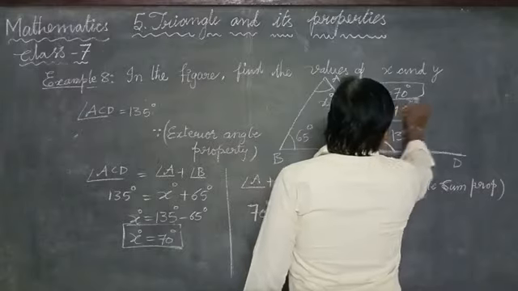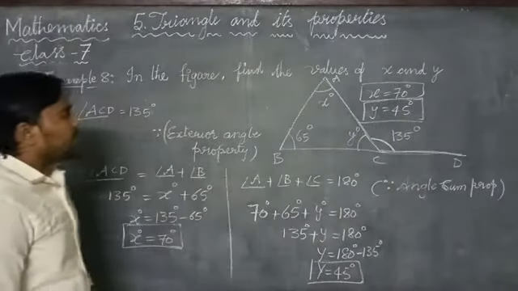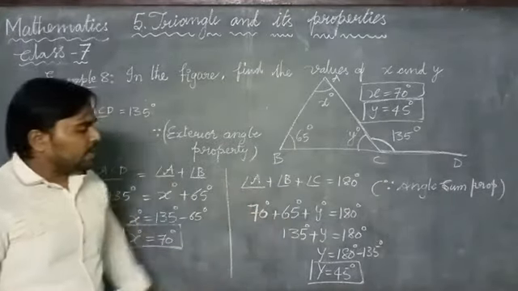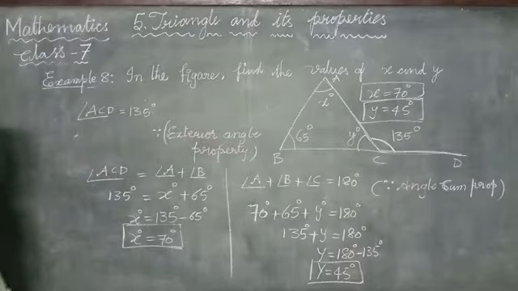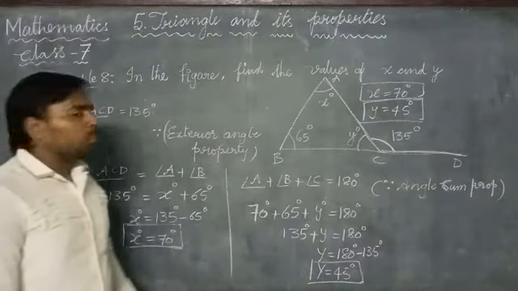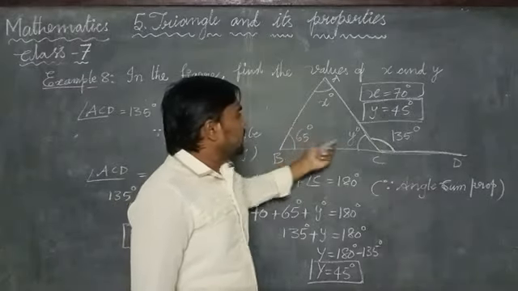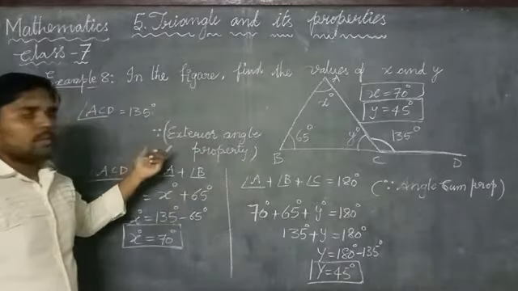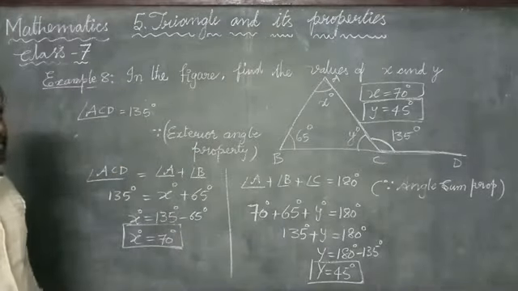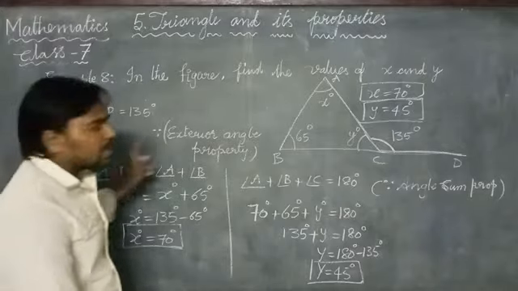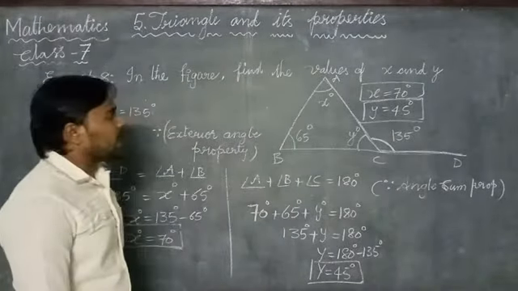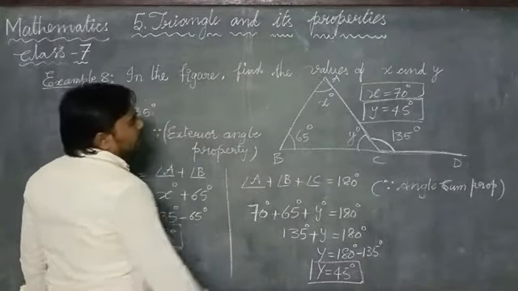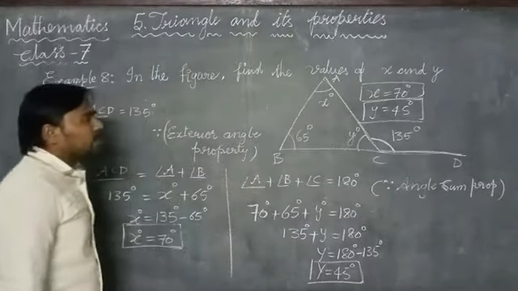By using the property of exterior angle of a triangle, we can find the x value. After that, by using the angle sum property, we can find the y value. Once again, in the given figure we have to find the x and y values. Here they have given the exterior angle as 135 degrees. Using the exterior angle property, angle ACD equals the sum of the opposite interior angles of a triangle, x degrees plus 65 degrees equals 135 degrees.